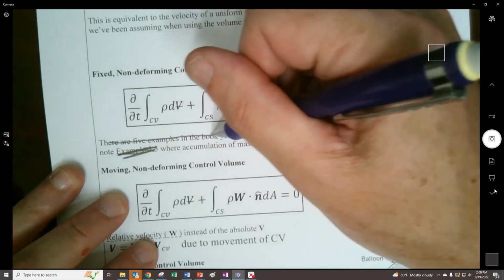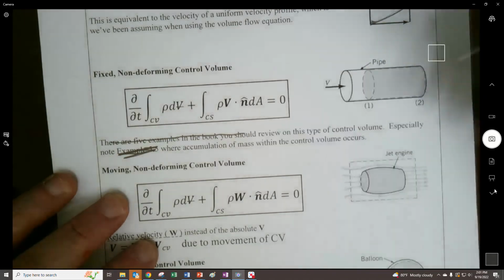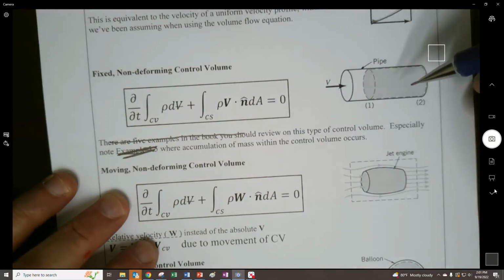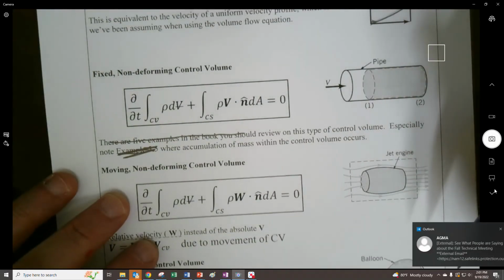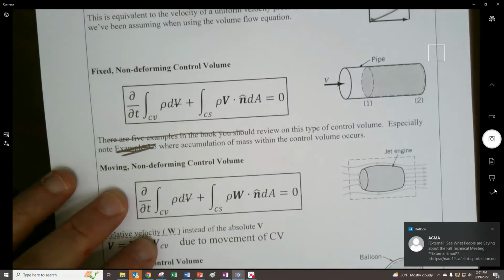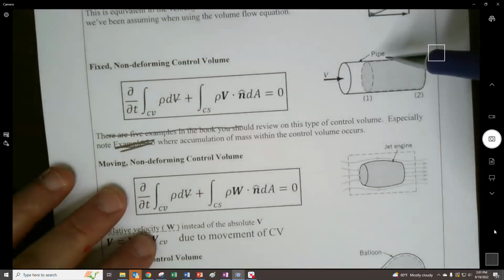I think I did upload those, by the way, to Blackboard, so if you wanted to see those examples, because I make reference to them, I put them in there. It's just for your own edification. Most problems that we are going to use this for are very simple, straightforward problems, so we don't have to spend a lot of time on this particular topic.